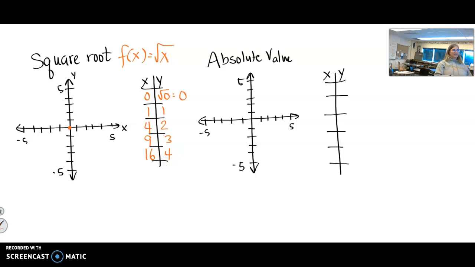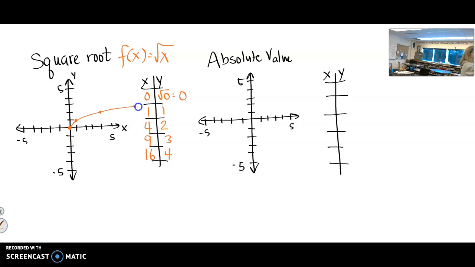Of course there are points in between these ordered pairs, but this will give us a really good idea of what the shape of the graph is going to look like. I already did (0, 0), (1, 1) is about here, (4, 2) is here, and if I approximate where 9 is, about there, (9, 3).